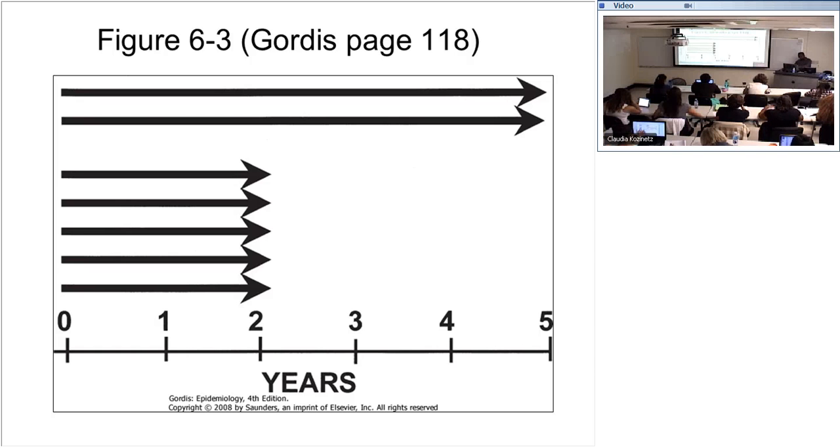Then we have 2 people who live for 5 years each, they have 10 person-years. You could see that the number of years at very high rates of dying is higher among the 5 people, because for the 2 people, after the first 2 years, their risk of dying reduces. But in this measure, we assume that the risk of dying is the same for each year. So that's the disadvantage of using the person-year.